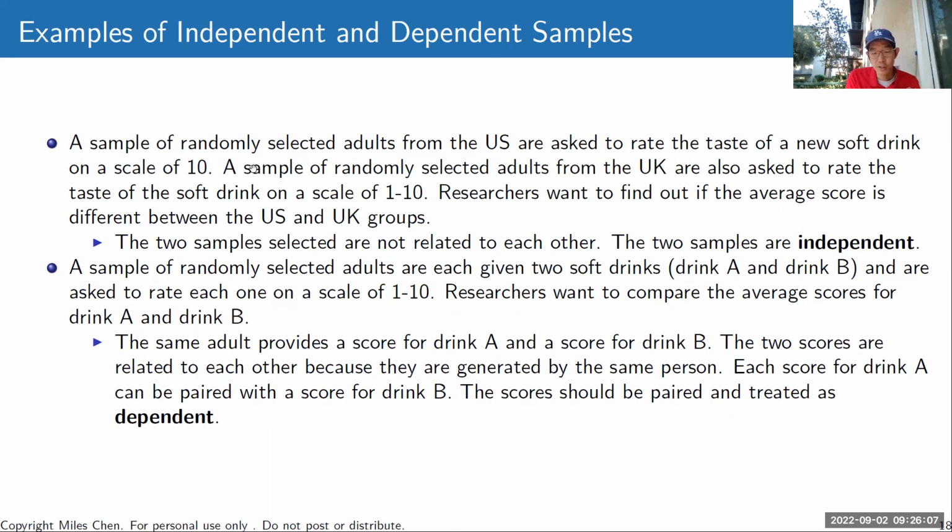Versus the first example, where we have some Americans and people from the UK, we can't necessarily find a way to pair them. In some studies, you can pair seemingly unrelated data, but you have to pair them based on certain characteristics or demographics. So you might say, okay, we got some people over here and we'll try to pair their data with people over here.